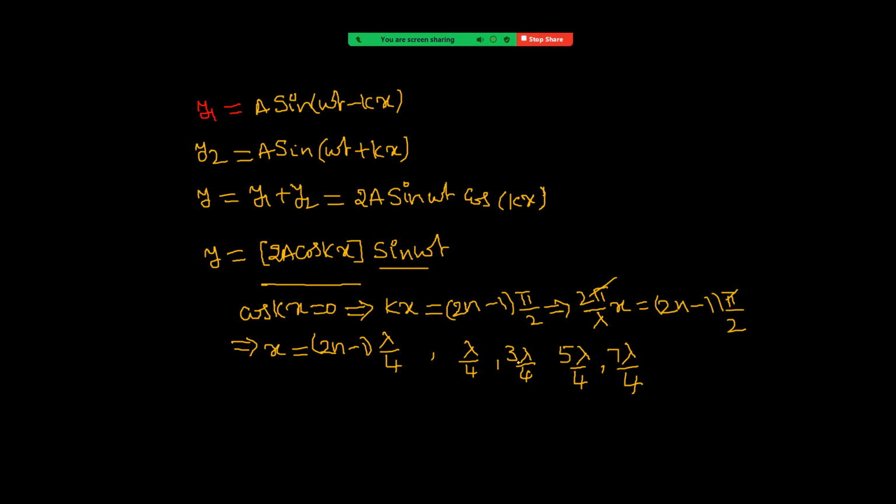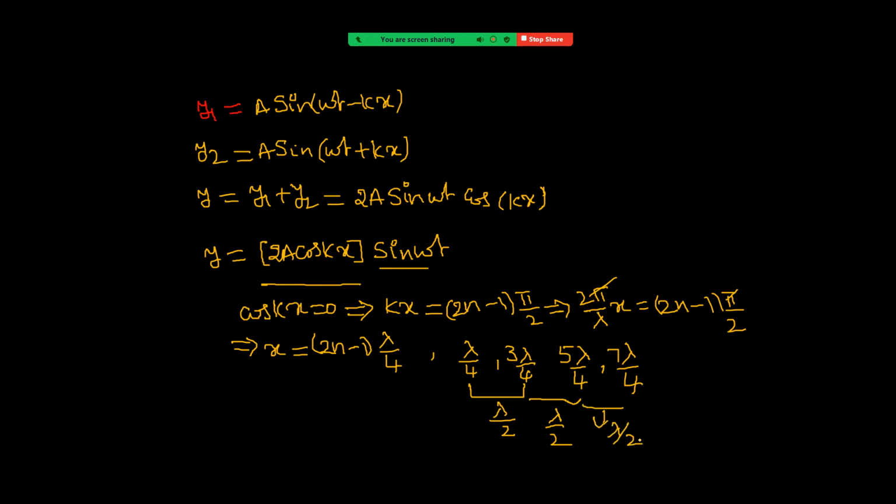The second one is at x equal to 3 lambda by 4. So between successive nodes, if you see the separation, lambda by 4 and 3 lambda by 4, the separation is lambda by 2. 3 lambda by 4 and 5 lambda by 4, the separation is again lambda by 2. 5 lambda by 4 and 7 lambda by 4, again the separation is lambda by 2.